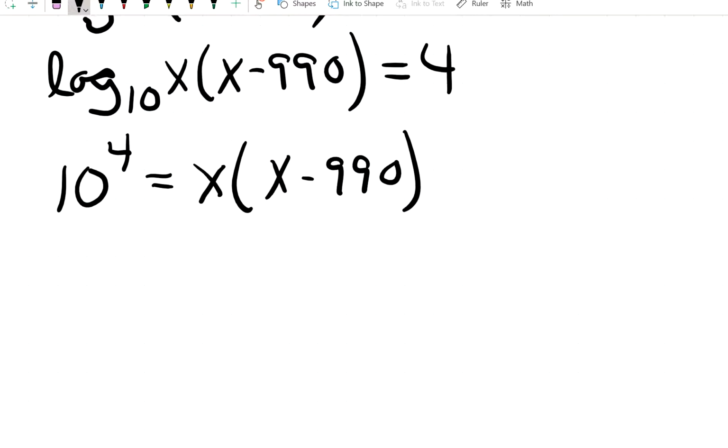Okay, so 4 is my exponent. It's raised to the base to the 4th power, which is 10 to the 4th power, and that equals what's in the middle there.